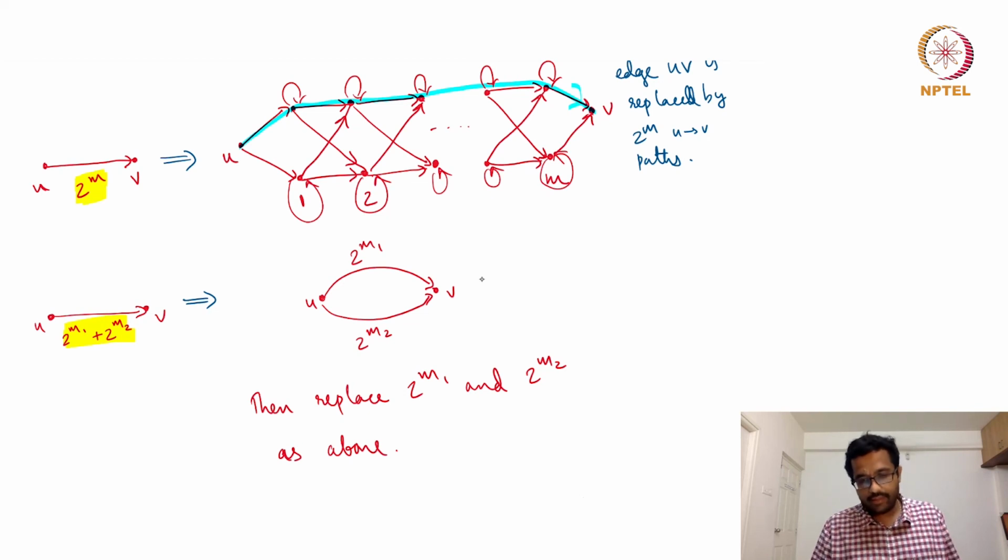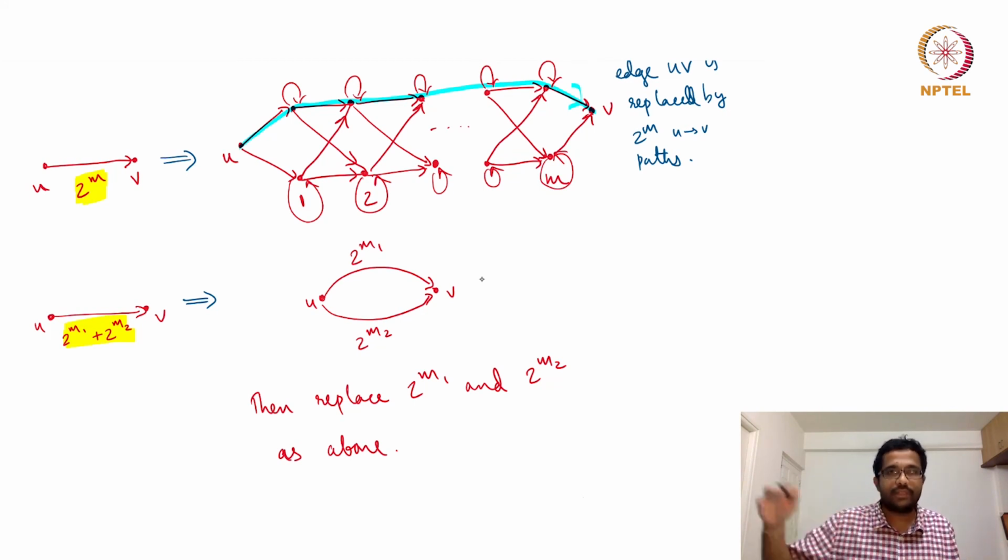So if there is an edge of weight w from u to v, then we will replace it with a network of 0 1 weight edges from u to v, so that instead of one edge of weight w, in the network there will be w possible cycle covers that take this path from u to v.